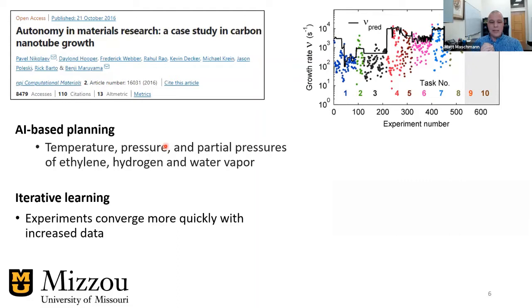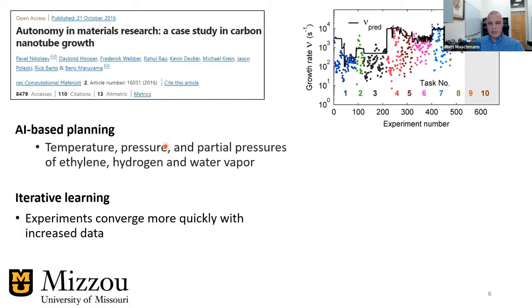And he integrates everything together along with an artificial intelligence planner such that the experiments can start conducting themselves and learning as the experiments are being conducted. And so this is another nature-based publication, npj Computational Materials, where this is his first demonstration of autonomy. He says his group inputs nothing more than a growth rate objective.